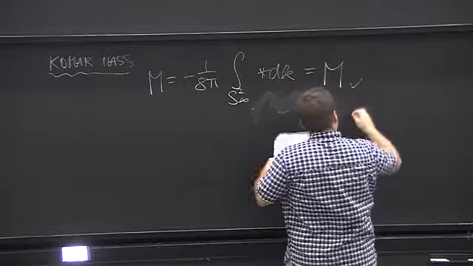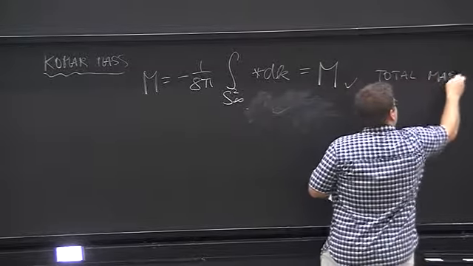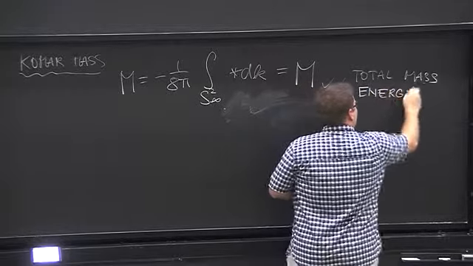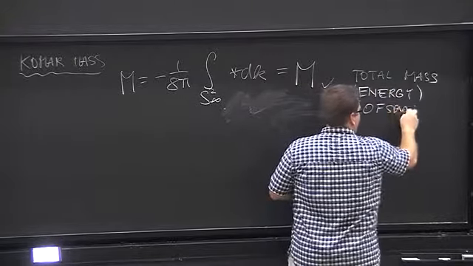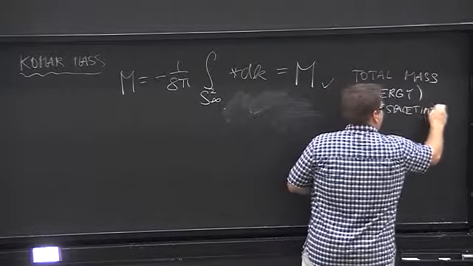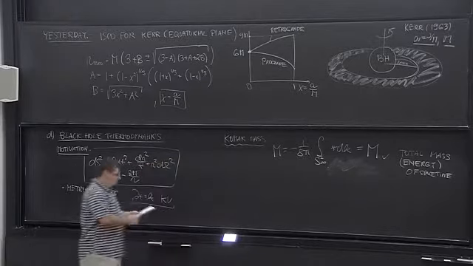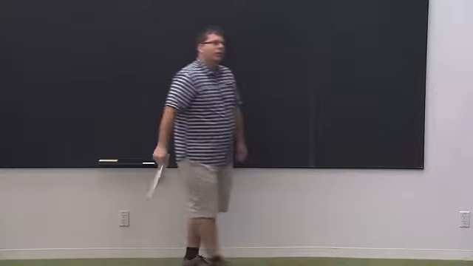So this is really like the total mass or energy of spacetime. In our case, it's just the mass of the black hole. All right, so we have one quantity which is quite interesting, and that's the total energy in the spacetime.